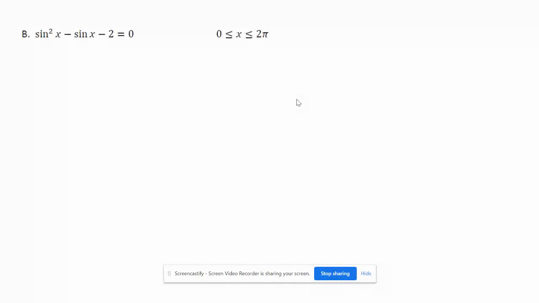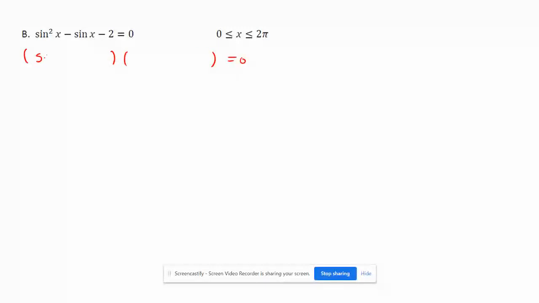Looking at a similar idea for this one over here, we have sine squared x minus sine x minus 2 equals 0. And so we're going to solve this guy by factoring. Now, this one over here, it's not a common factor, but we need to factor this one as 2 binomials. So we need to factor this one as 2 sets of brackets, like this.